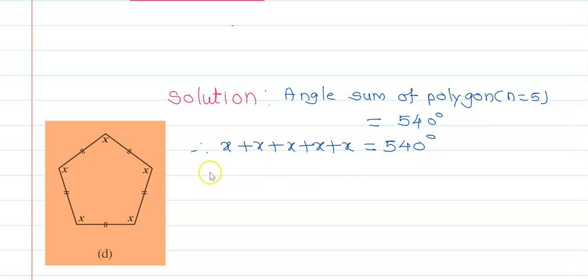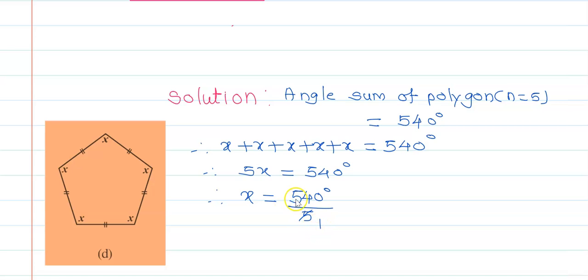and that's equals to 540, and therefore here 5x is equals to 540. Now their division. Okay, therefore x is equals to 540 upon 5.